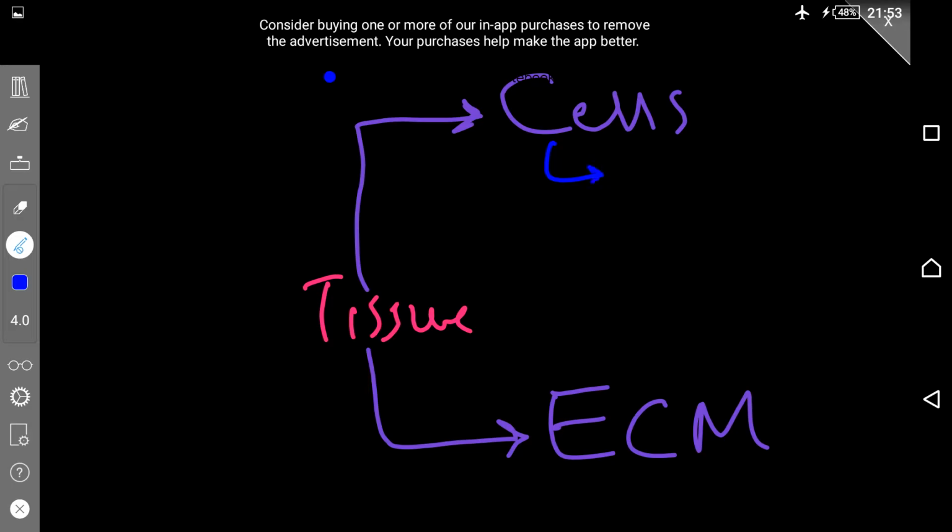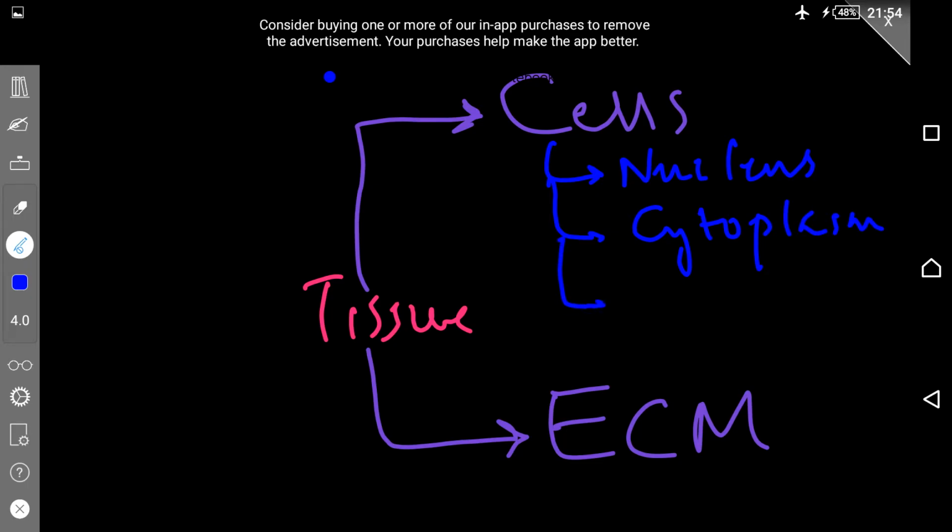Cells in turn are made up of three major parts: the nucleus, the cytoplasm, and finally the membrane.